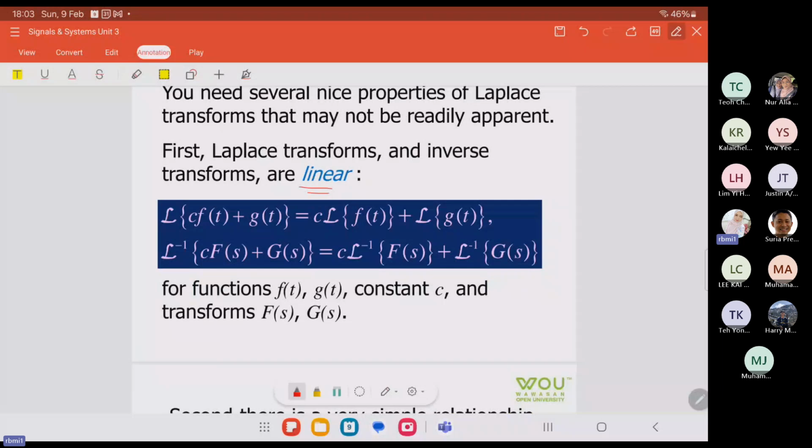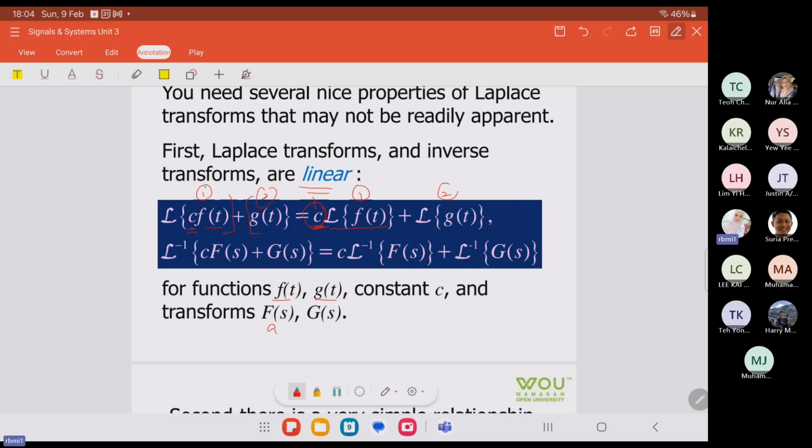If we have f(t), g(t), and other functions with the Laplace transform, and for example we have c f(t), we can take out the c. So we can separate into these two: this is the first function, and this is the second function for g(t).